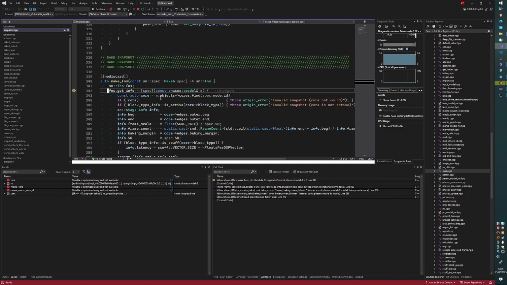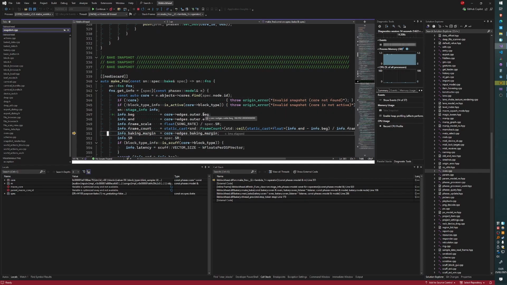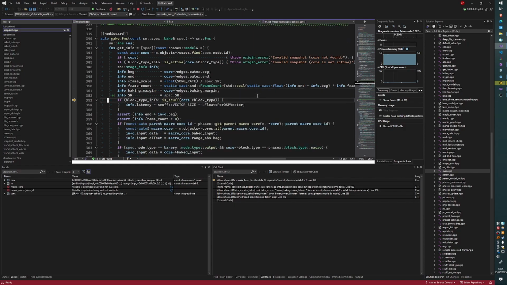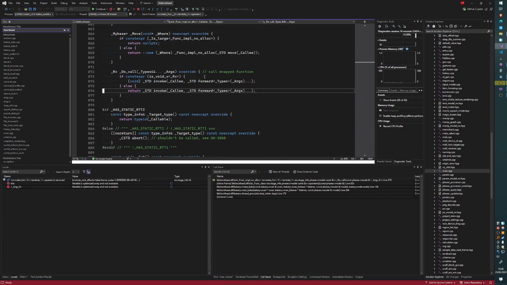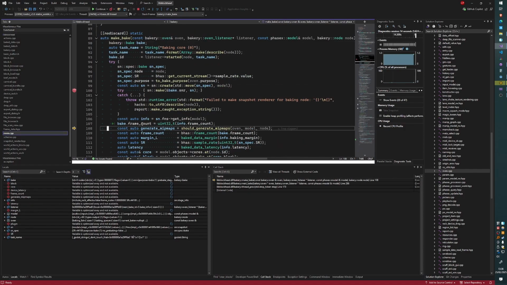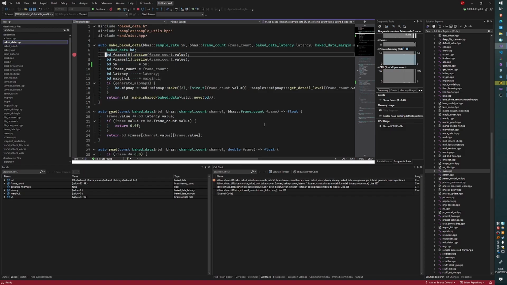Info. Subtracting this from this. This is not giving me actually any information that I don't already know. A3199, okay. When I inspect it, it doesn't throw the exception.